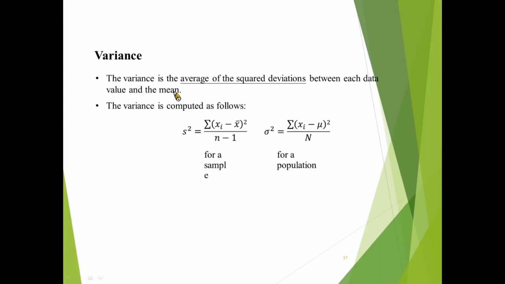So variance is the average of the squared deviations between each data value and the mean. The variance is computed as follows. The first one is for a sample, and the next one is for a population. So you can see some differences.